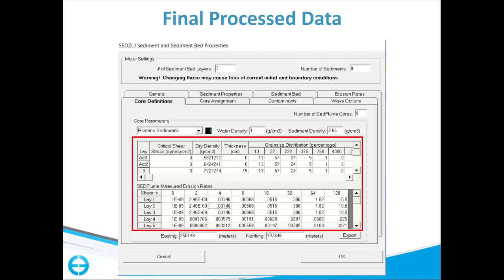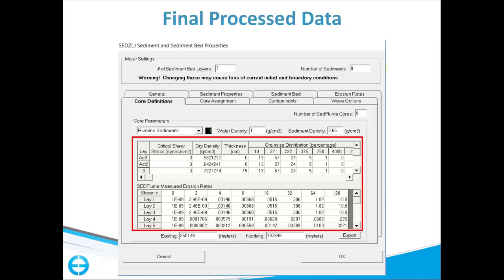So here we have your critical shear stress, the bulk density, the thickness of the layer, and then the grain size distribution. These grain sizes are defined somewhere else, but it's a user-defined grain size distribution.